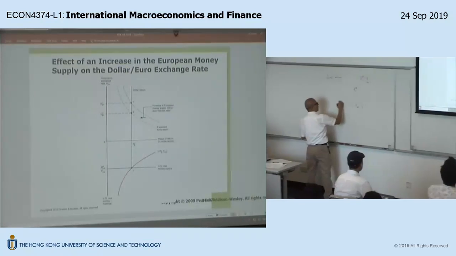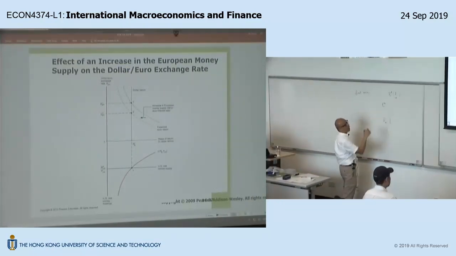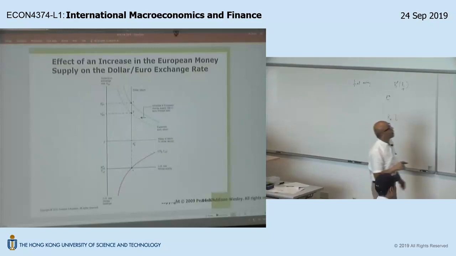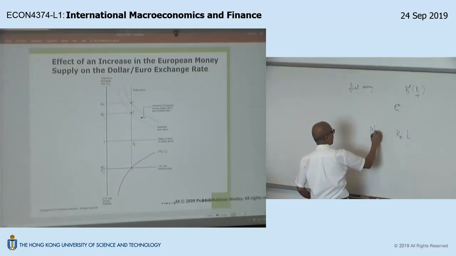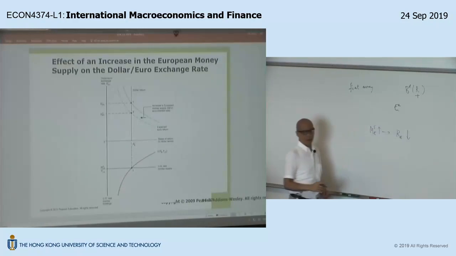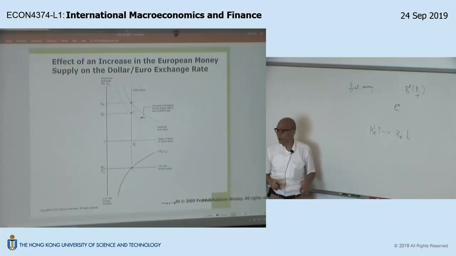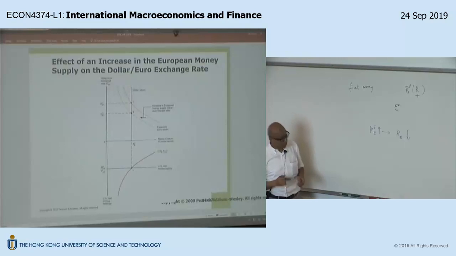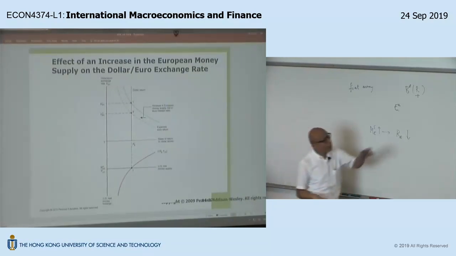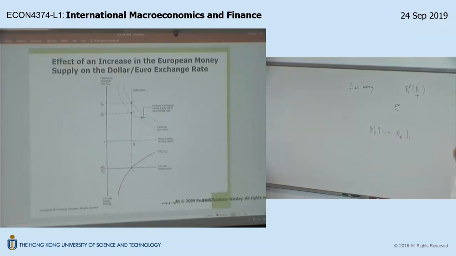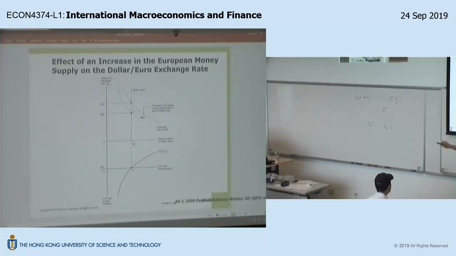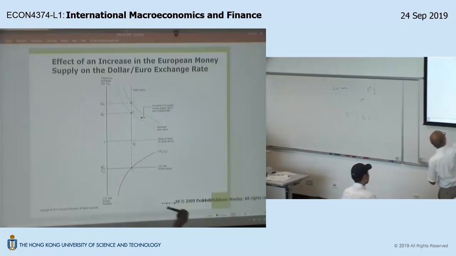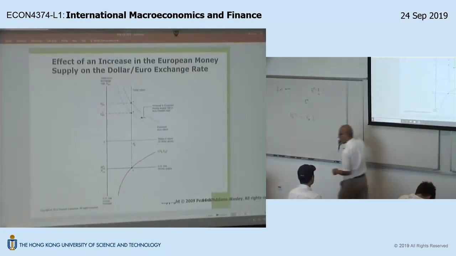So an increase in the euro money supply will lead to a fall in the euro interest rate. This fall in the euro interest rate will then, through this curve, what is this curve? This is the expected euro return. When the euro interest rate falls, it will shift the curve to the left.